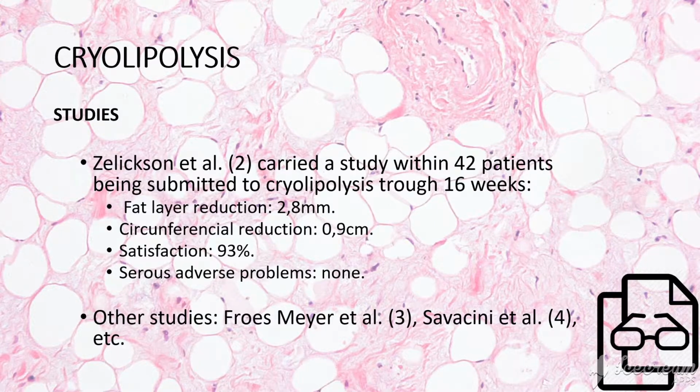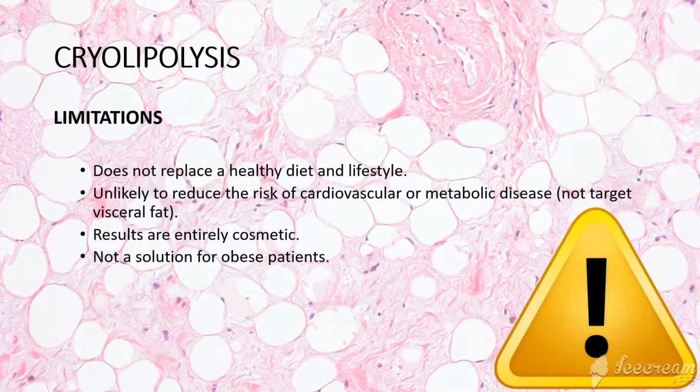The same study provided questionnaires to the patients, revealing that 93% were satisfied, 84% noticed visible fat reduction, and 91% were likely to have a second treatment. Also, there were no device or procedure-related serious adverse events among the patients.